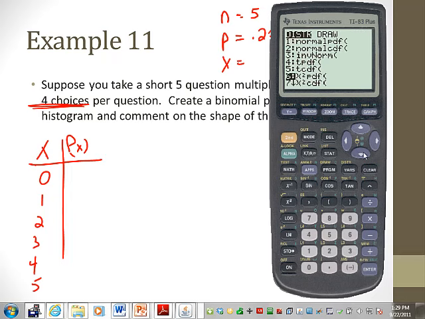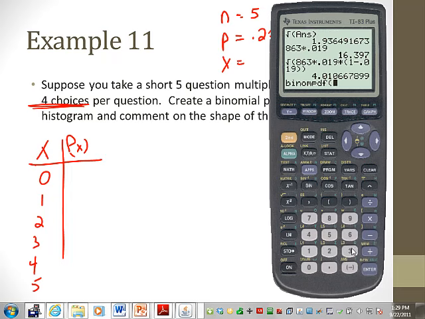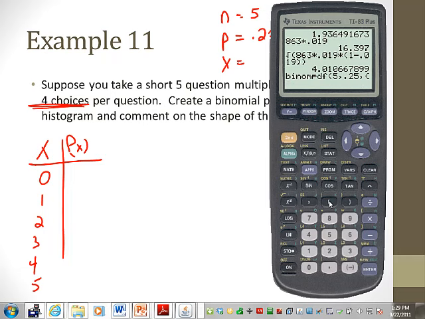We'll do PDF because I want those individual values. So n is 5, comma, p, 0.25. And then I want to put all those values in: 0, comma, 1, comma, 2, 3, 4, comma, 5.